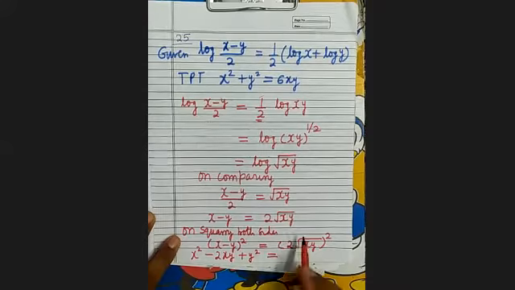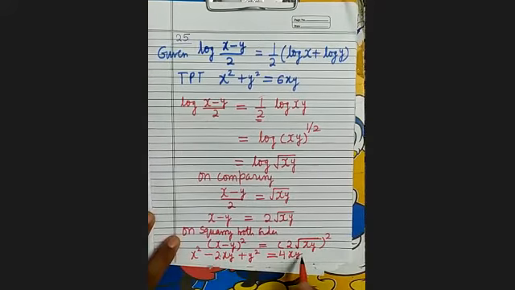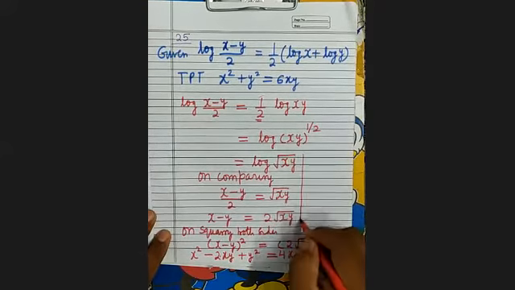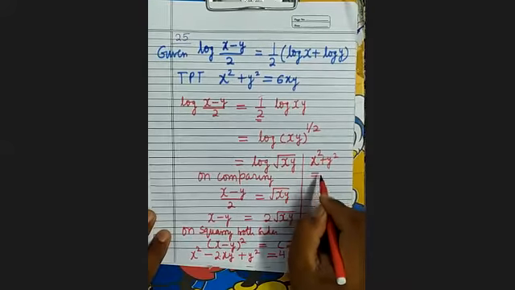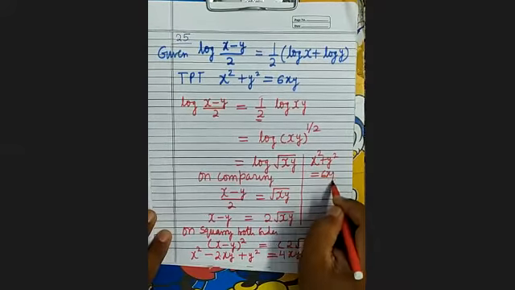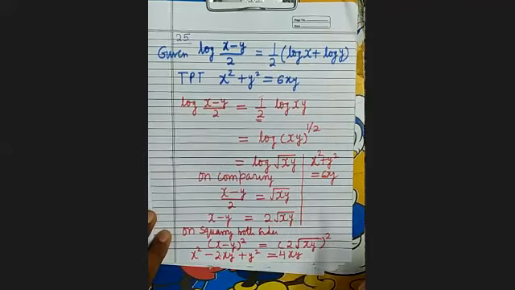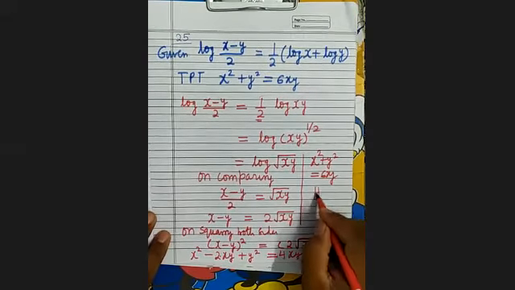Yes, the square of 2 is 4, and when you square a square root number, the square root will be removed. Now you bring minus 2xy to this side. So what will you get? It will become x square plus y square equals 6xy. It is clear? Hence proved.